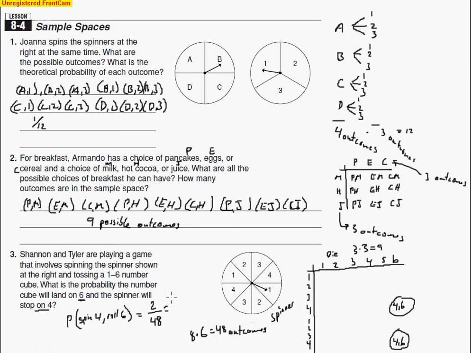And I could just reduce the fraction to 1 over 24, and that would be my answer. So there's 1 out of 24 chances of this occurring. So the fundamental counting theory says you can multiply the choices together that you have, and that will give you the total outcomes. And we'll write that down in the next part.